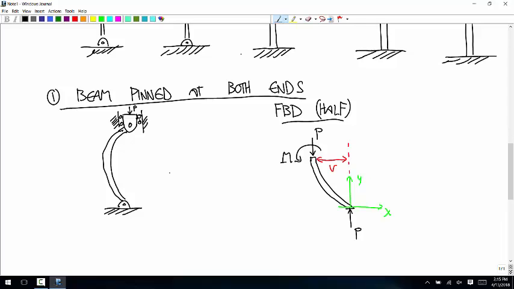If you think of any general calculation you do, like when we did general calculations for internal loads, you always have to make sure that the assumption you make goes according to your positive sign. And that's what I did wrong.